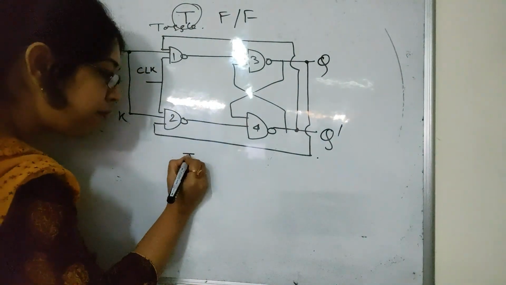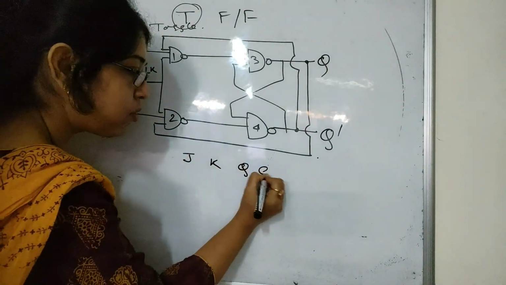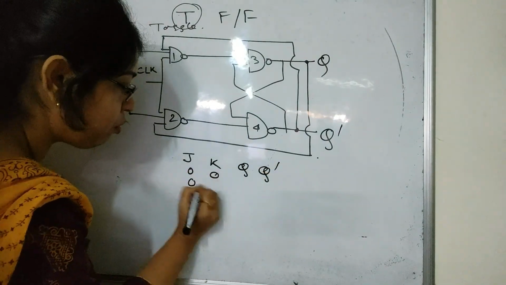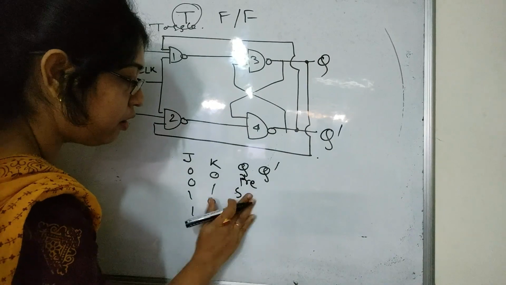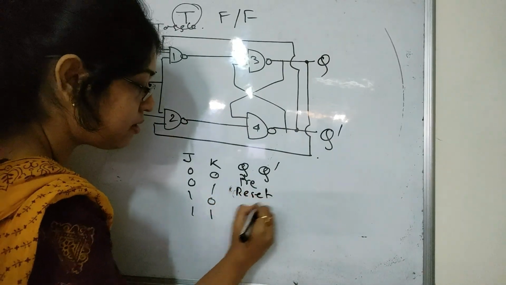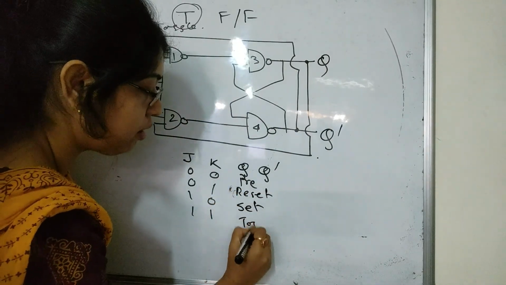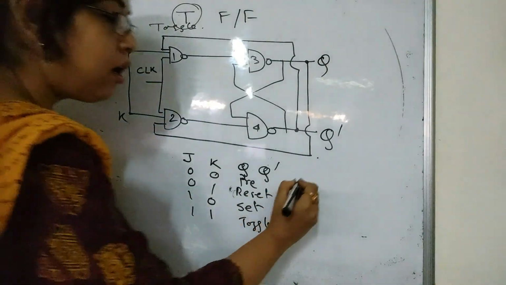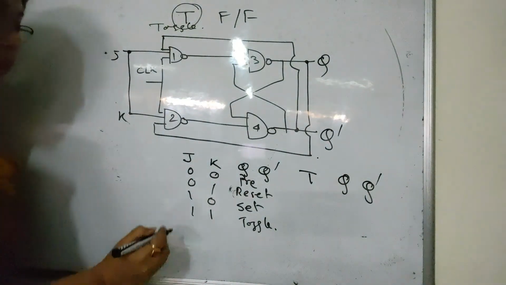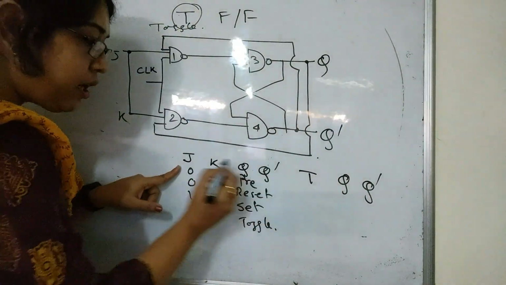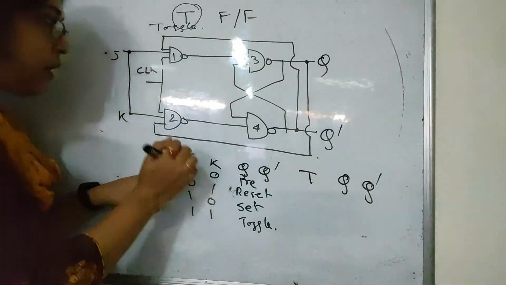Now, if JK flip-flop goes like this, 0, 0, 0, 1, 1, 0, 1, 1, this is the previous state, this is the reset state, this is the set state, and this is the toggle state, then if we consider T flip-flop, in T flip-flop, this state is possible: when we give J as 0, K is also becoming 0.